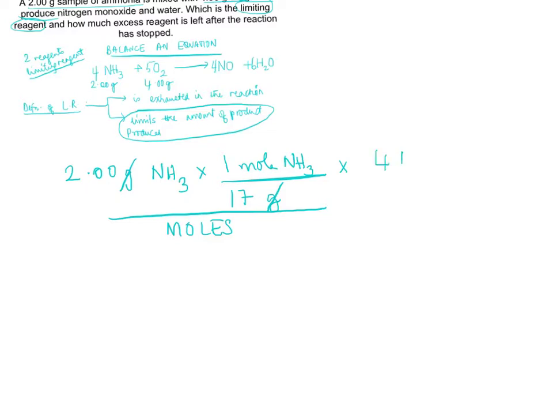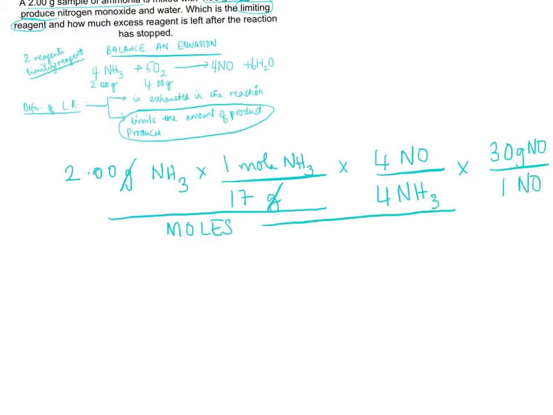In the first case, I'm going to choose NO. 4 NO produces from 4 NH3. And then 30 grams of NO is 1 mole of NO. So what I'm doing here is I'm looking at the equation and I'm predicting moles of NO. And here I'm looking at the moles of NO to grams of NO conversion.